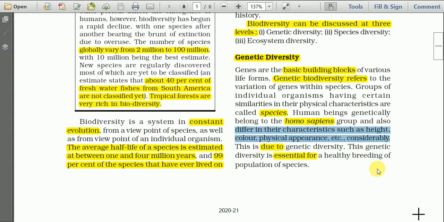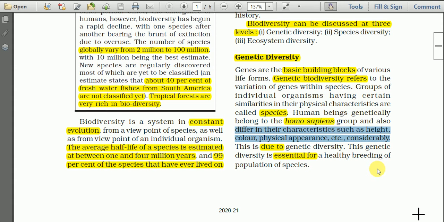The color of a person is different from another person. Some are white, some are black. For hairstyles also, some persons have straight and some have curly hair. Why is it so? This is due to the variations in the genes.